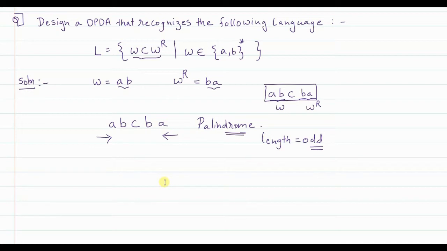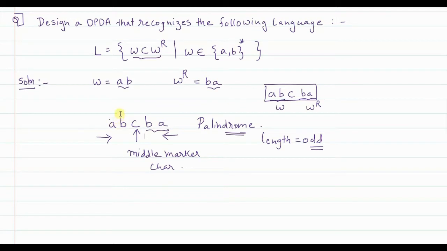Now one specific thing that you observe in an odd length palindrome is this C, which is called the middle marker character. We observe that if you read a string W, that is AB, before this C, the string that appears after this middle marker character will always be the reverse of the first part.